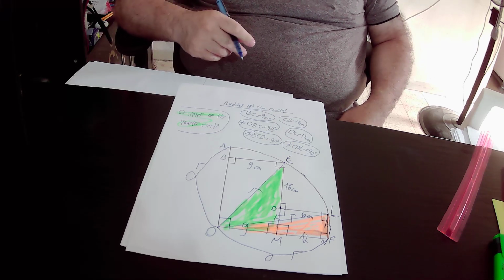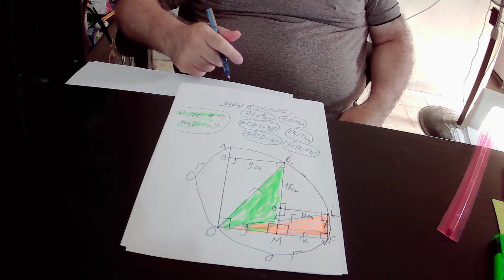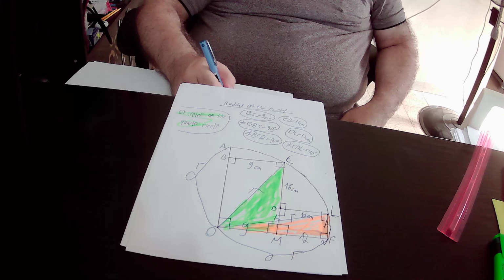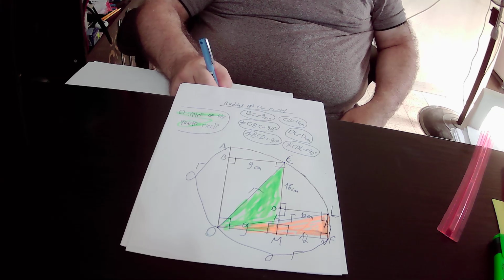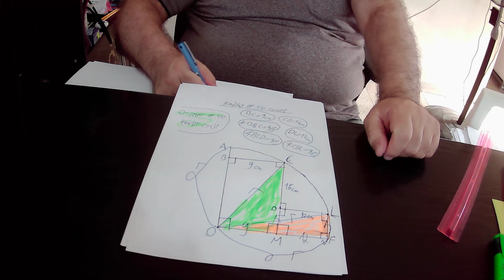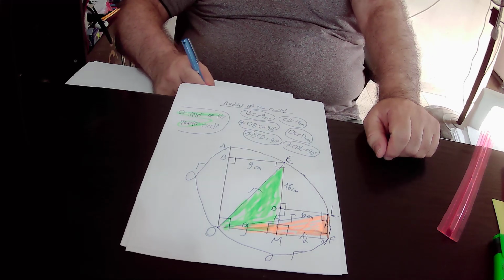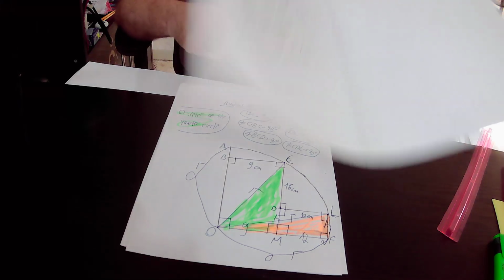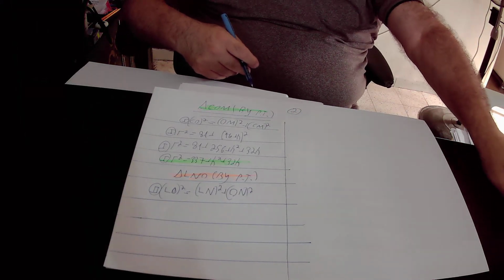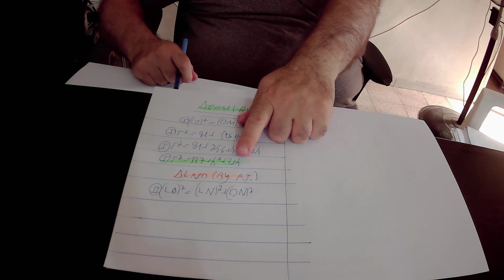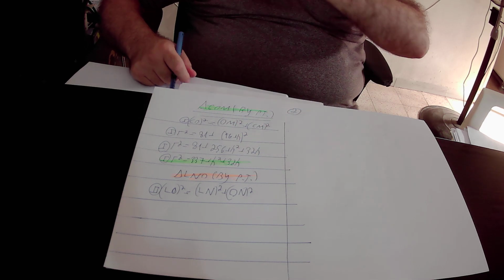That is to say, it must be equal to LN square plus ON square. Repeat again, in the right orange triangle, triangle LNO, according to the Pythagoras theorem, LO square must be equal to LN square plus ON square.